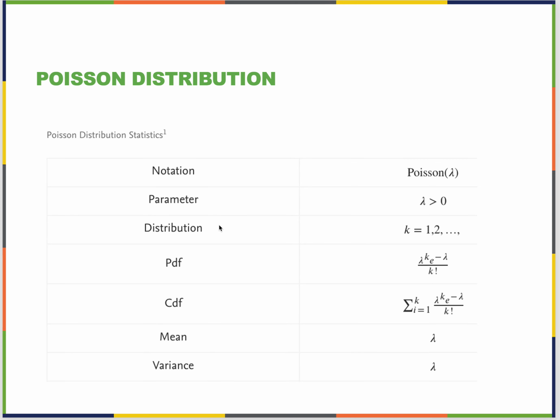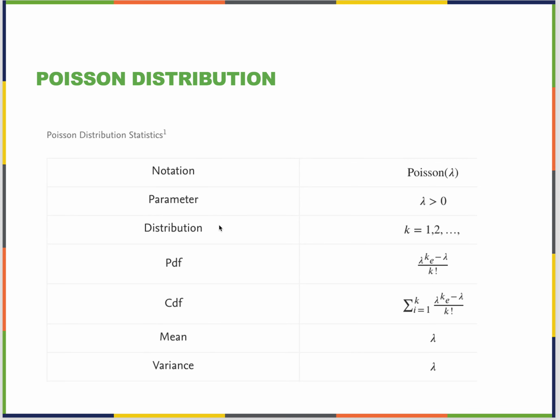The distribution variable, or the x, and they use k here, or at least the thing I copied this from, goes 0, 1, 2, and it could go up to infinity. The PDF is lambda to the k times the exponential constant, the natural exponent constant, which is like pi, a non-repeating decimal, to the minus lambda, divided by k factorial.